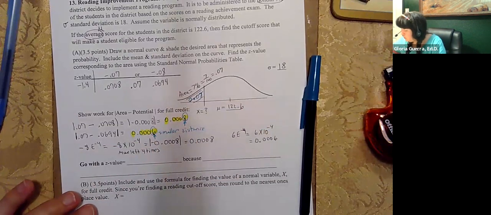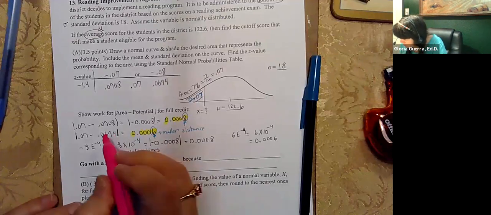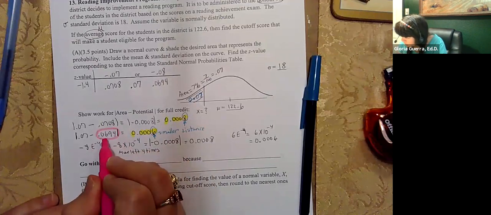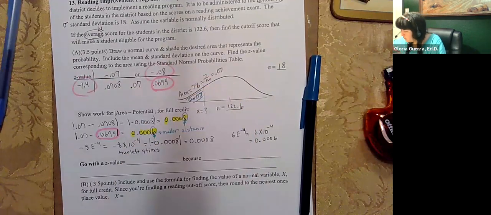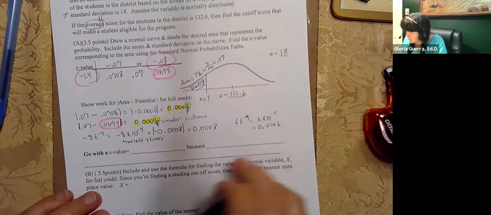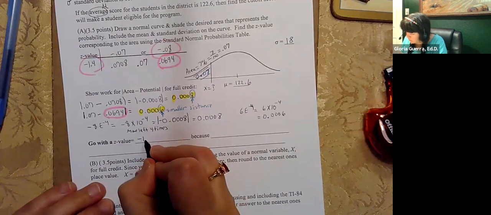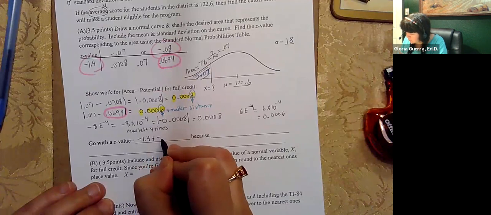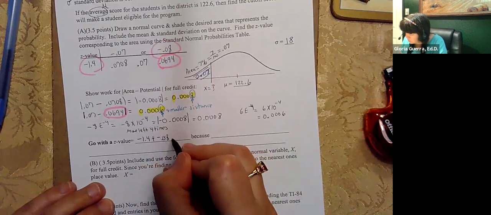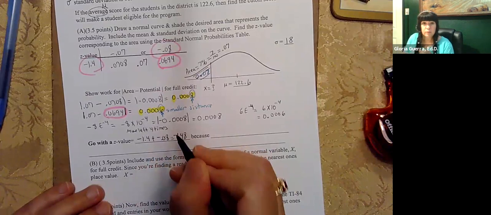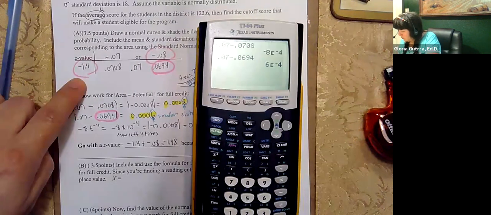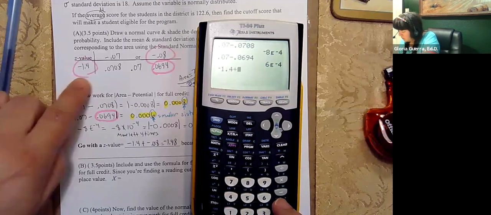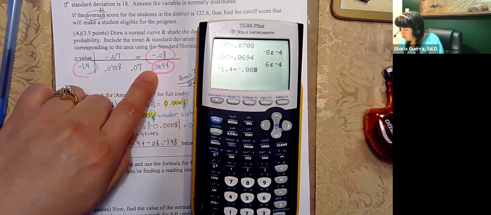So then you backtrack to this potential, and then you backtrack to that. That means you want the z value of this negative 1.4 plus this negative 0.08, which is negative 1.48.